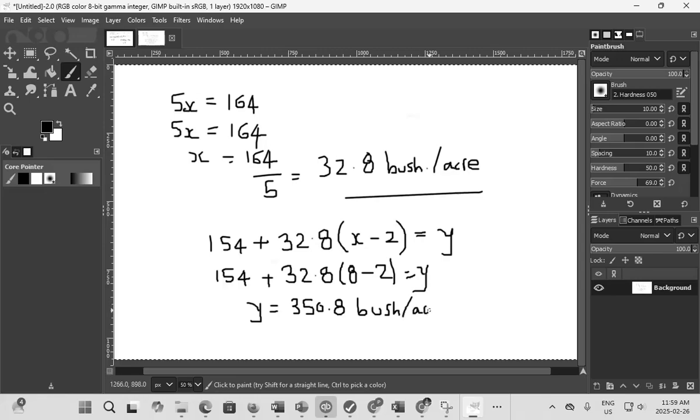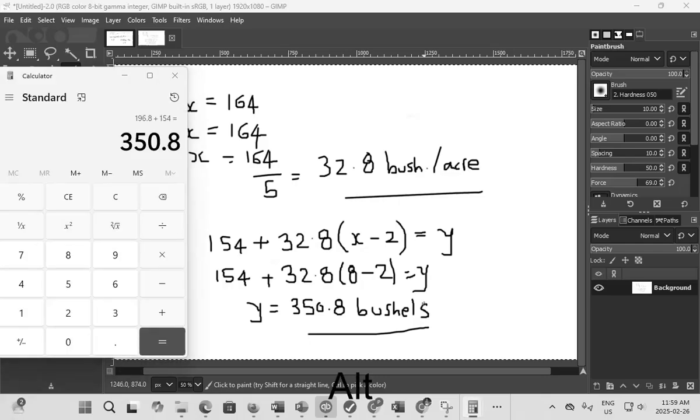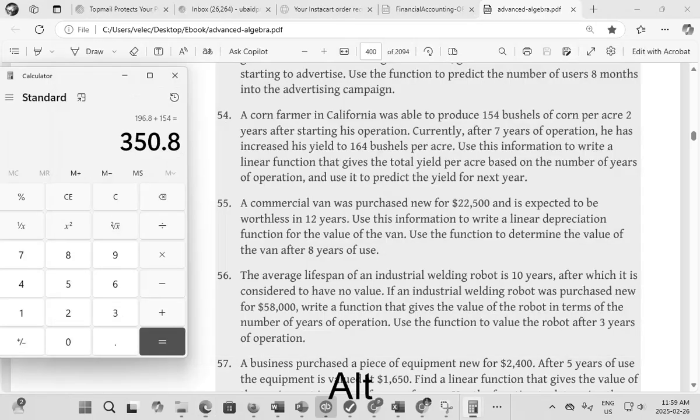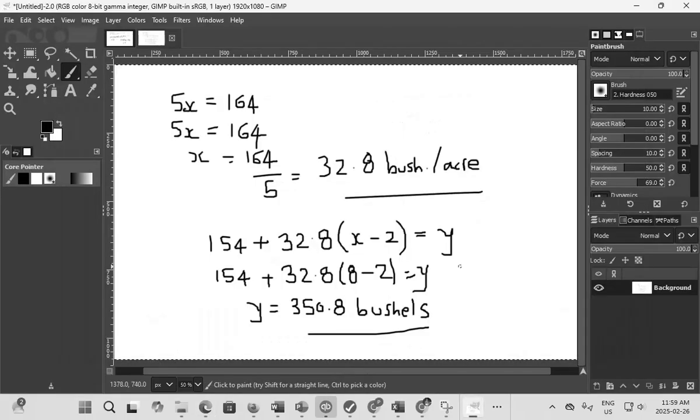Or excuse me, simply bushels, not bushels per acre. So the increase is 32.8, and after 8 years the total yield will be 350.8 bushels.